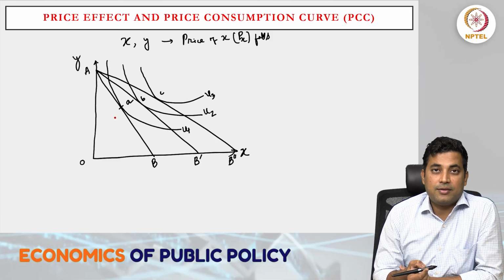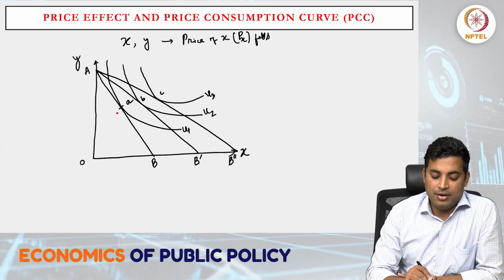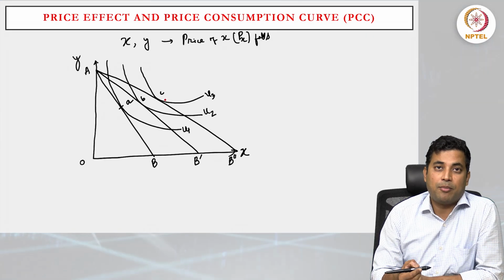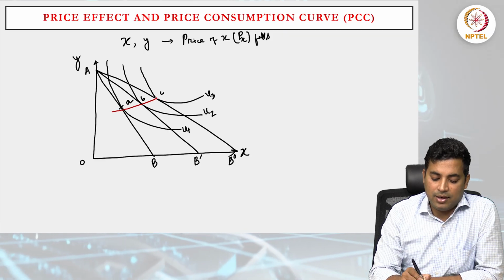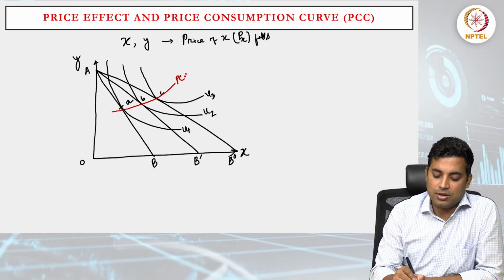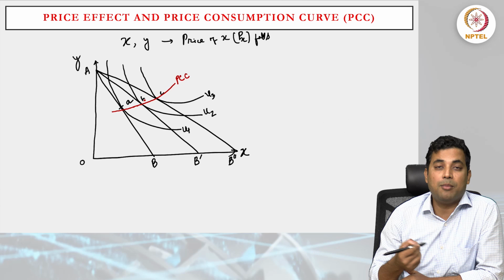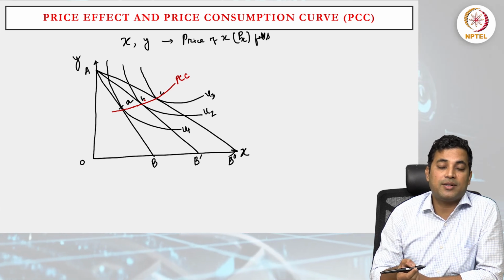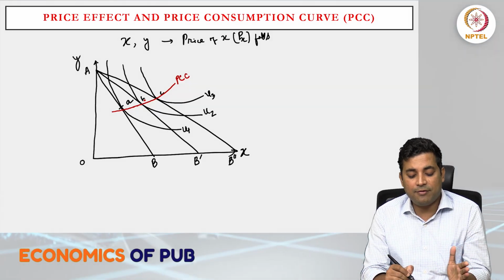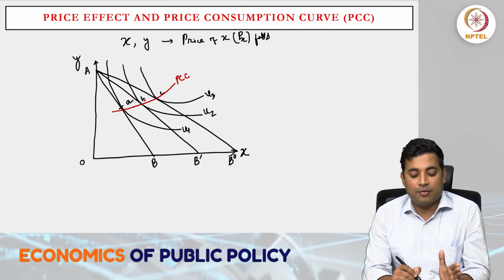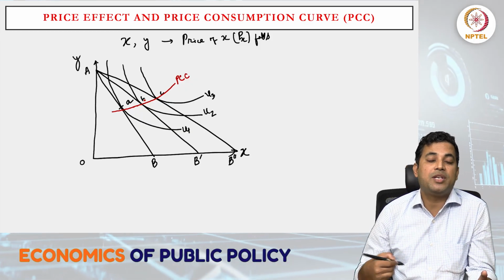Just like the income consumption curve, here since the price of that particular commodity is constantly falling, we get new equilibrium points, or utility maximization points, and if we join them we get the price consumption curve. The price consumption curve shows the combination of all the points, where we have tangent points from utility and budget line due to changes in the price.